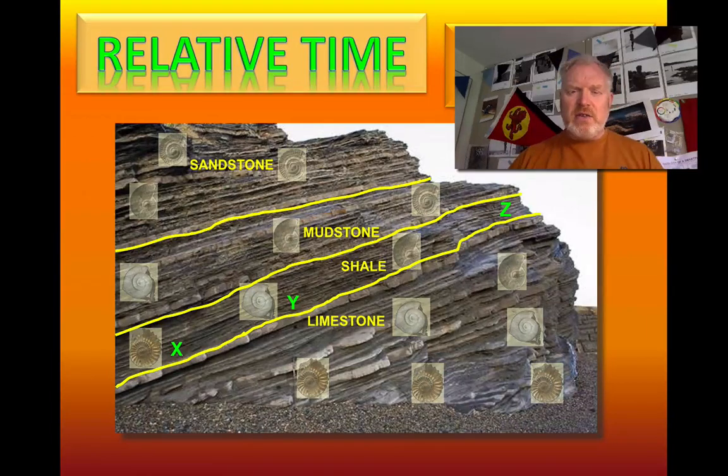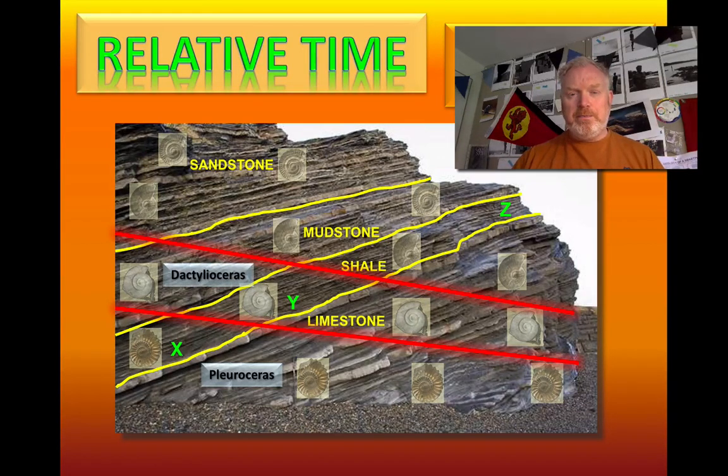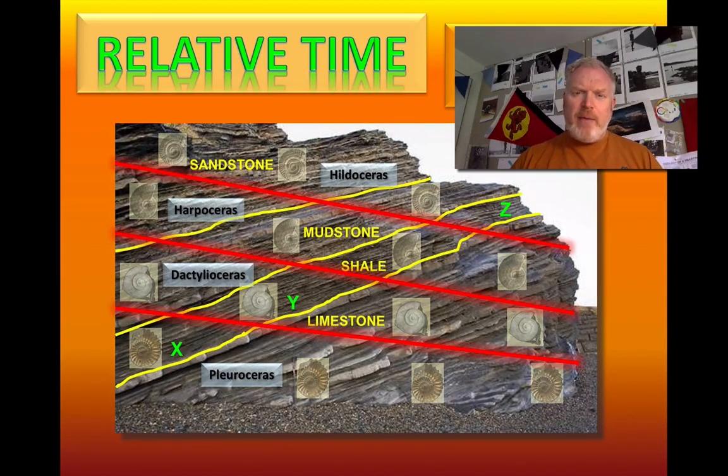At the end of the last lesson, we were looking at this outcrop of rock and how the ammonites within this showed us the time zones in which these beds were deposited. And we noticed that the beds don't actually coincide with the time zones that the fossils tell us.